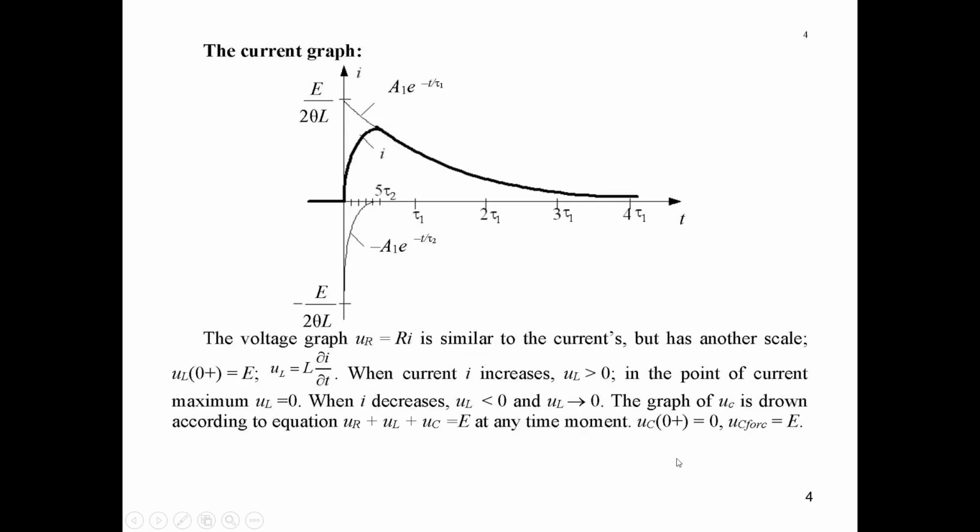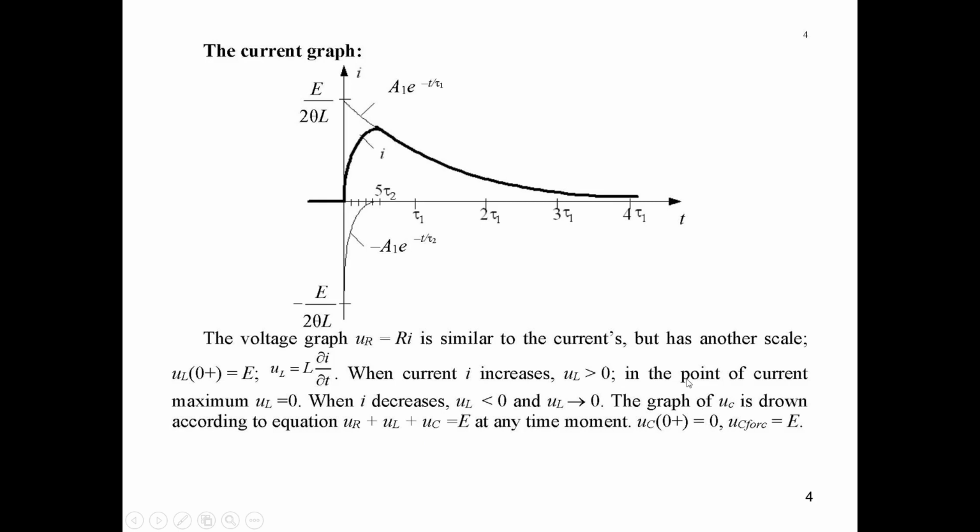And the graph may be got from the equation UR plus UL plus UC equal to this EMF. We can see that as UR tends to 0 and UL tends to 0 when t tends to infinity, therefore UC will tend to this EMF.